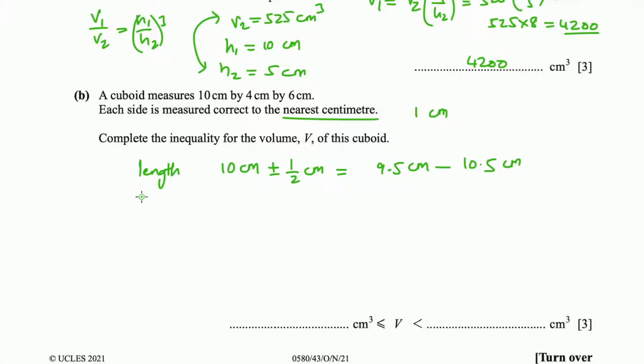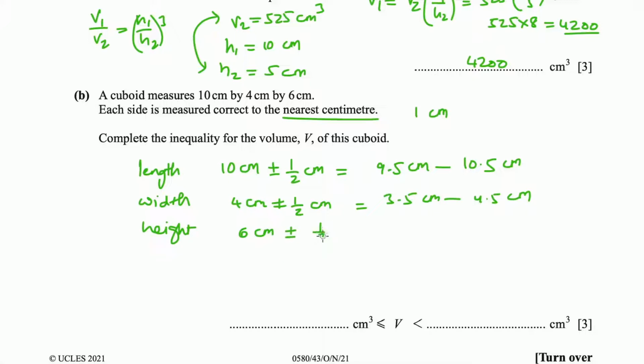And similarly for the width, this is 4 centimeters plus or minus half centimeter. So it can range from 3.5 centimeters to 4.5 centimeters. And the height is 6 centimeters, again plus or minus half centimeter. So 5.5 centimeters to 6.5 centimeters.